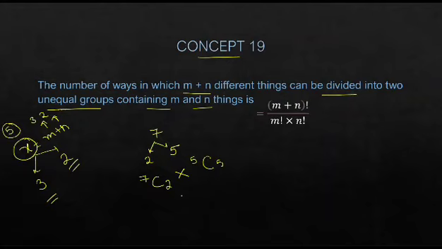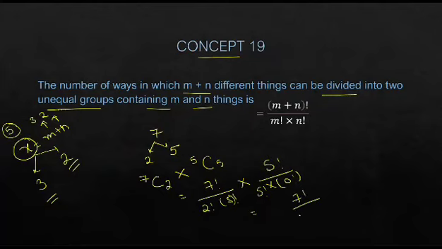Again we need 5, so we'll write 5C5. So after solving, it will be 7 factorial over 2 factorial into 5 factorial, multiplied by 5 factorial over 0 factorial into 5 factorial. So if we solve it, what we get is again 7 factorial divided by 2 factorial and 5 factorial.